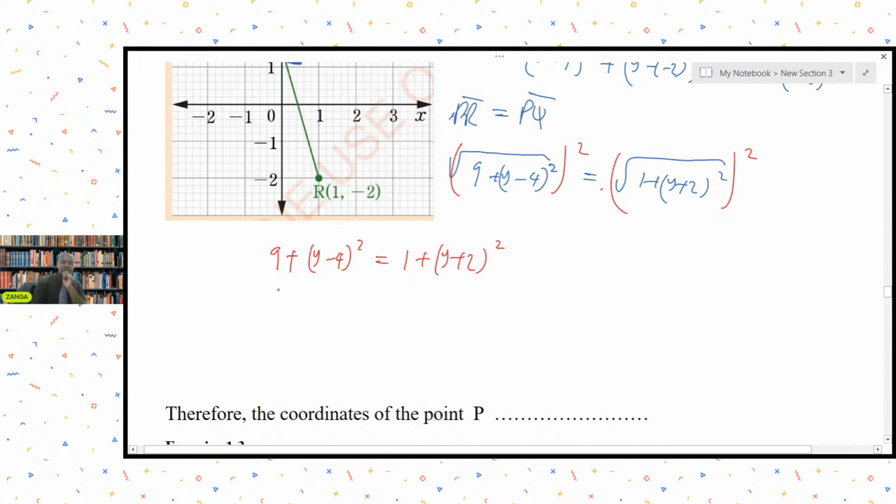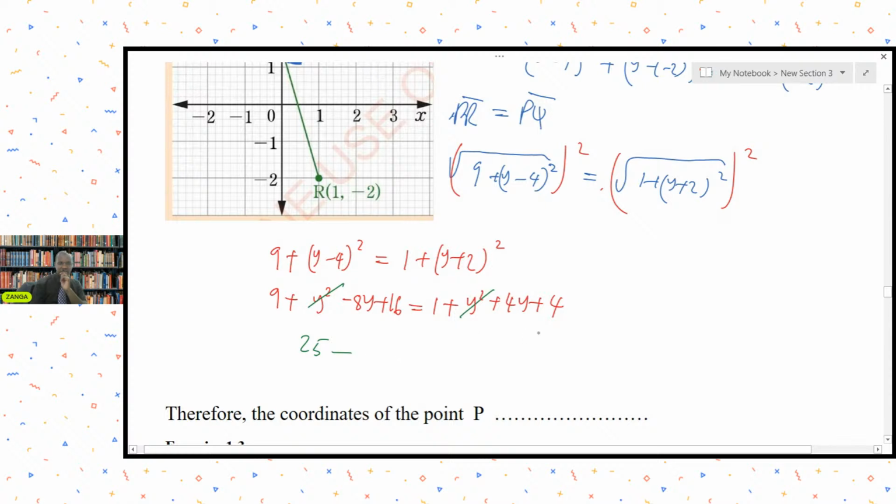You expand, you'll be having 9 plus y square minus 8y plus 16 equals 1 plus y square plus 4y plus 4. So collecting like terms, y square and y square will go. So you have 9 plus 16, it is 25.